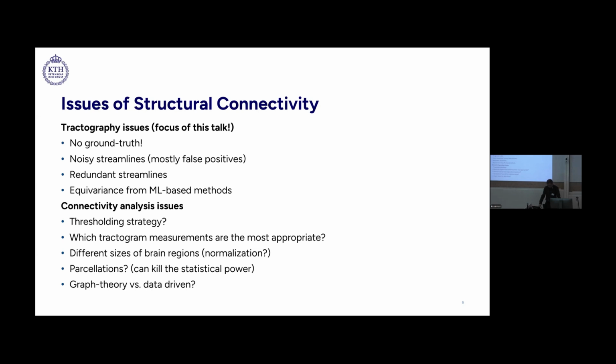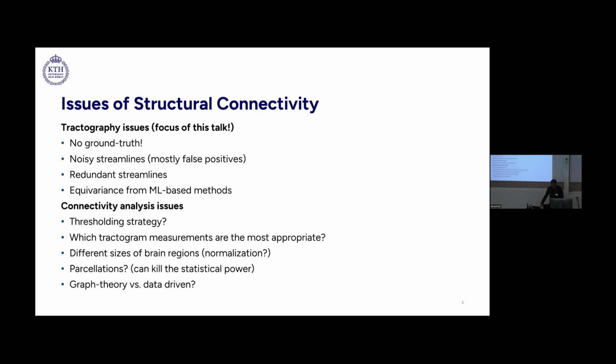For the connectivity analysis, you also have other issues that I will not talk about in this talk. But for example, you have to define thresholdings. There is no standard way to do it, because you don't have ground truth again. We don't really know which tractogram measurements are the most appropriate to create the graph.